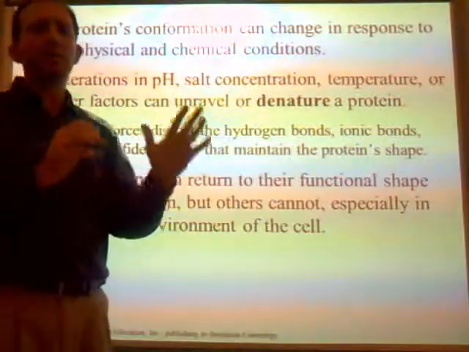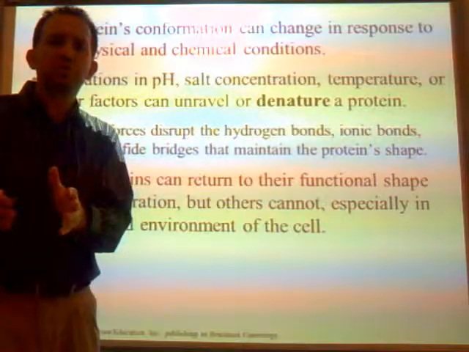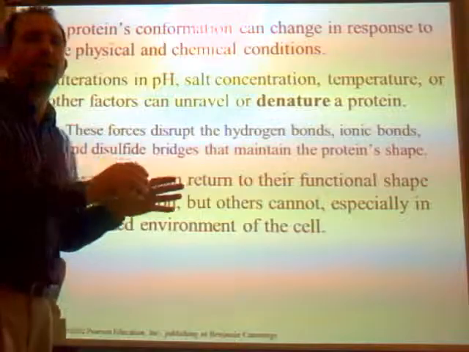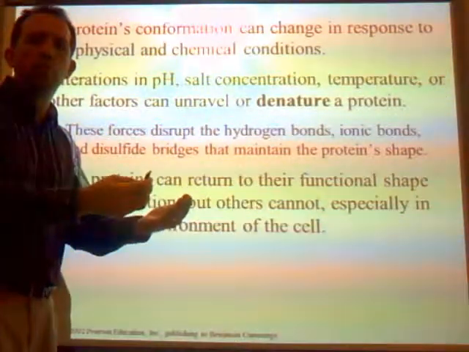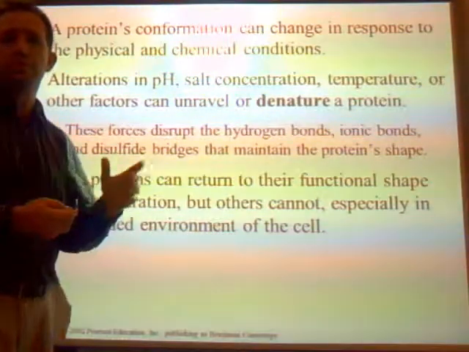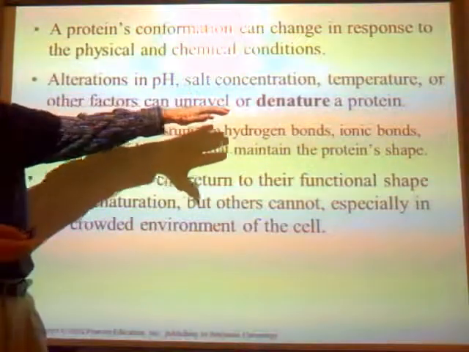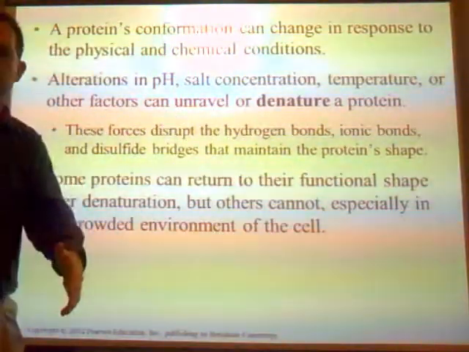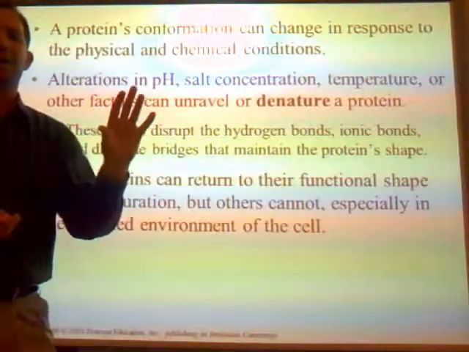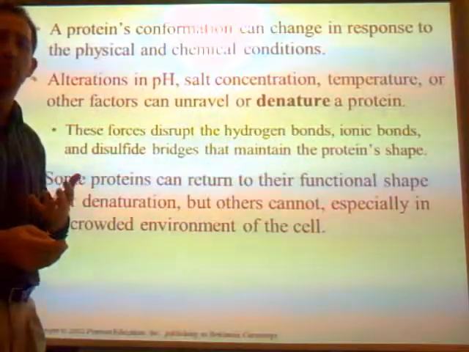Okay? Now we do need to talk about the shape and the function in regards to homeostatic balance. The physical and chemical conditions will determine what happens to a particular protein. So for example, if we alter the pH, this can cause the protein to denature. Salt concentrations, temperatures, and a variety of other factors can cause an unwinding or a breaking in the hydrogen bonds, which will alter the shape.